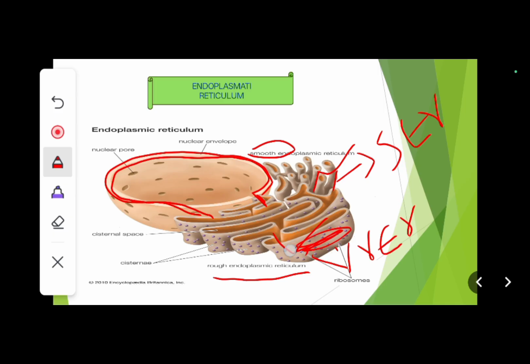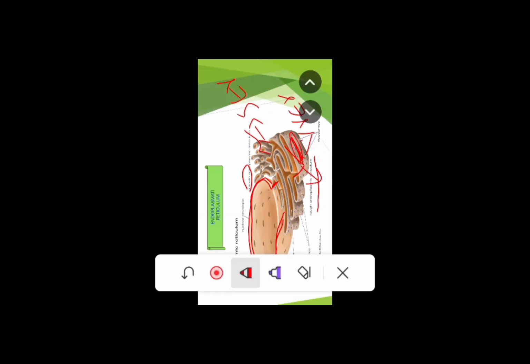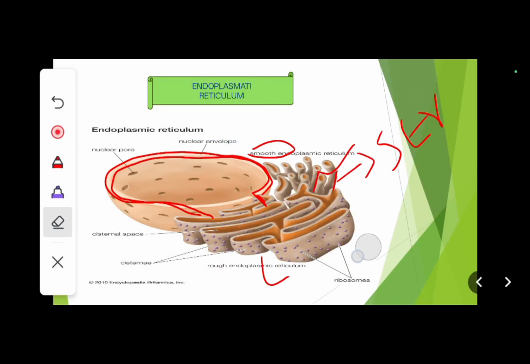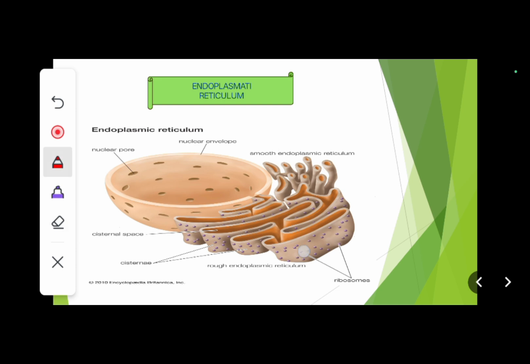The function of rough endoplasmic reticulum is producing proteins. I will explain that clearly. The smooth endoplasmic reticulum is important for synthesizing lipids and also detoxification.